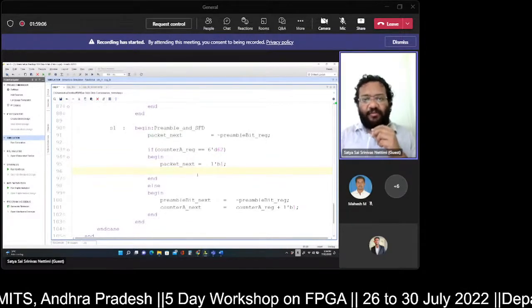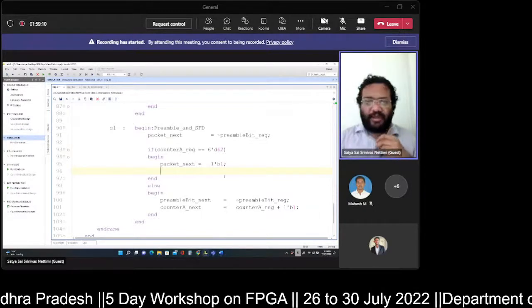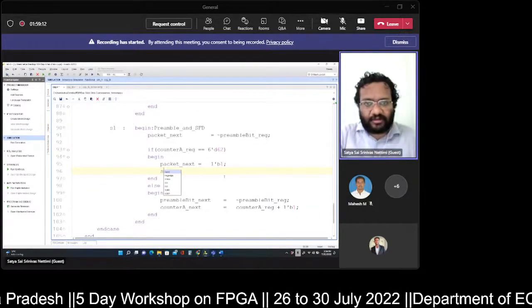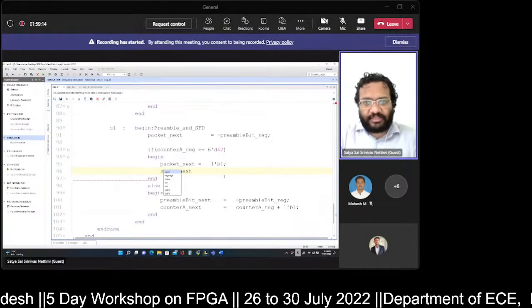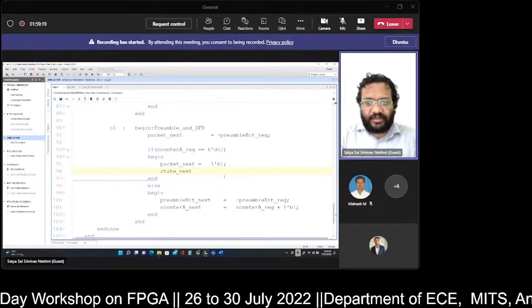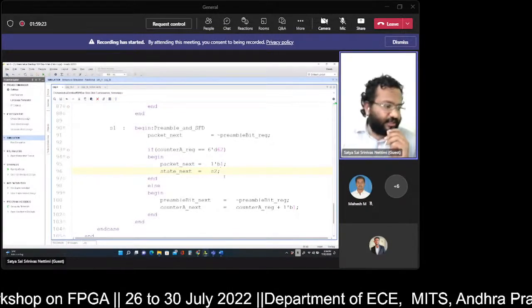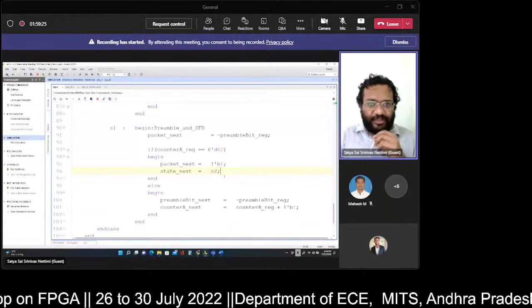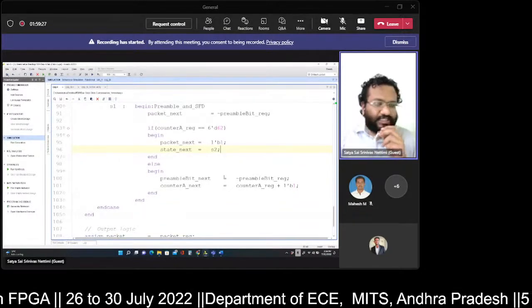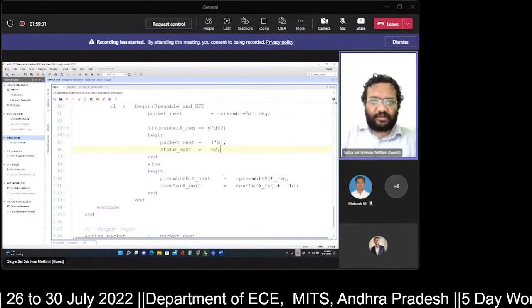After sending it on the packet, we have to make a state transition, jump to the next state. Why? Because we have completed two things: preamble and SFD have been generated. Now to generate the destination MAC address, we are jumping to the next state.